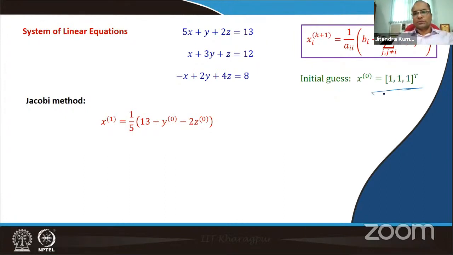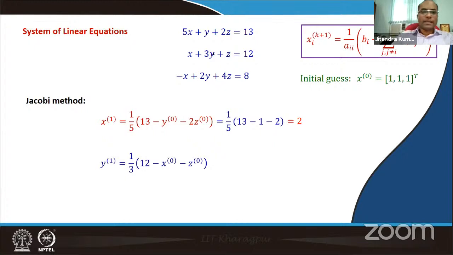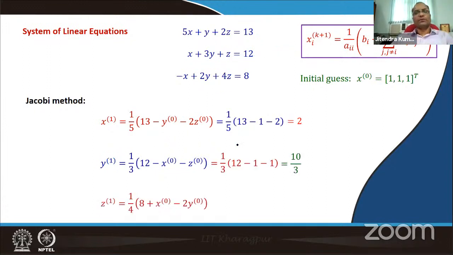If you go with the initial guess 1, 1, 1, you can compute this x1, and that comes out as 2. Then y from this equation and z from this equation we set up. For y, again 12 minus x minus z, and if you put the values in, you get 10 by 3. Similarly from the last equation, you will get 7 by 4.